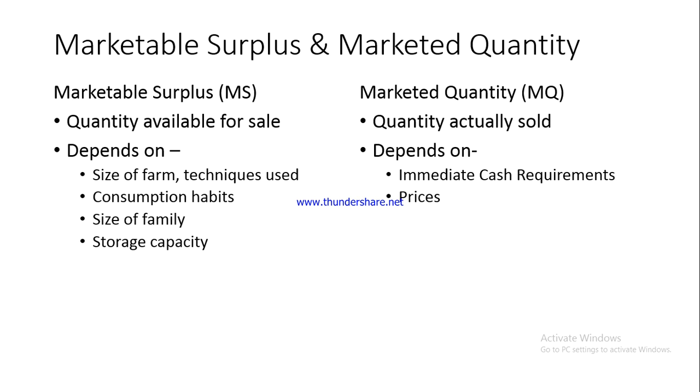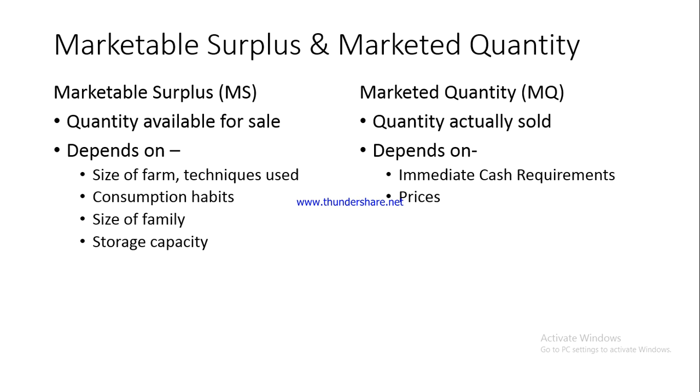So he'll keep a lesser amount for his family's consumption. He'll take out some amount of that and sell that also, so that he can earn as much as possible because of the currently high prices in the market. So if the prices are higher, the marketed quantity may be more than the marketable surplus.